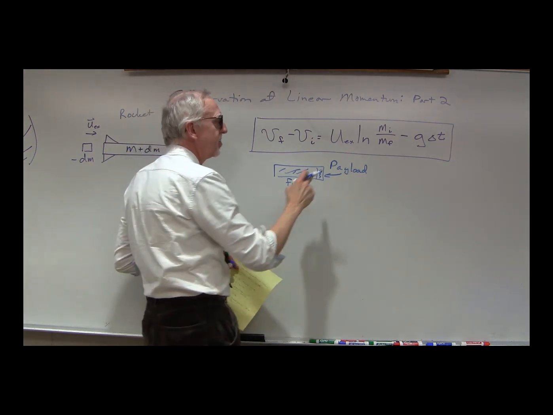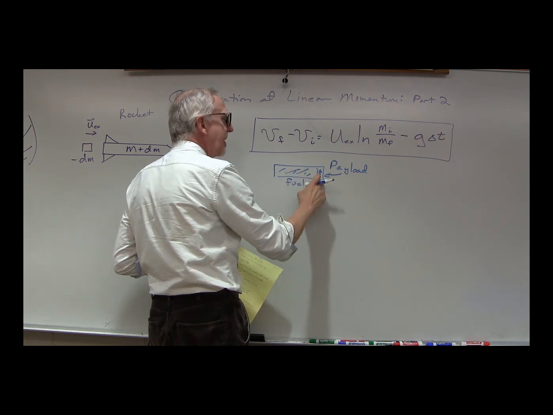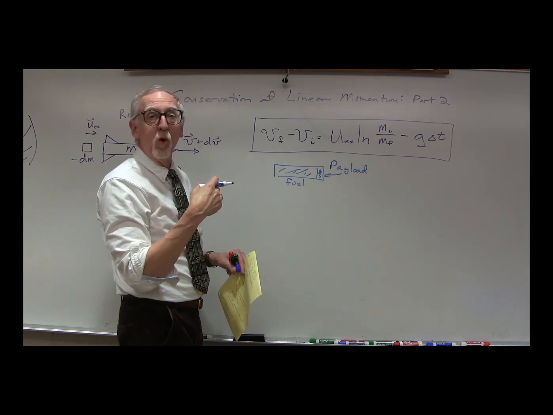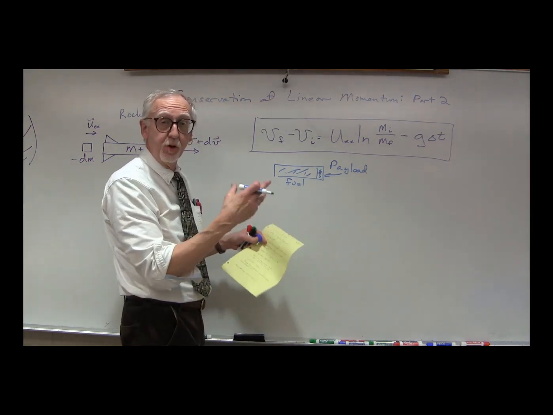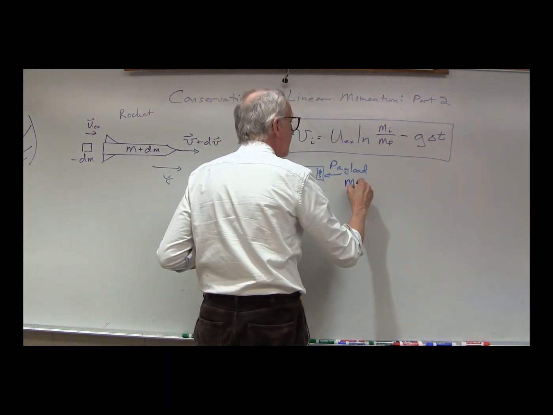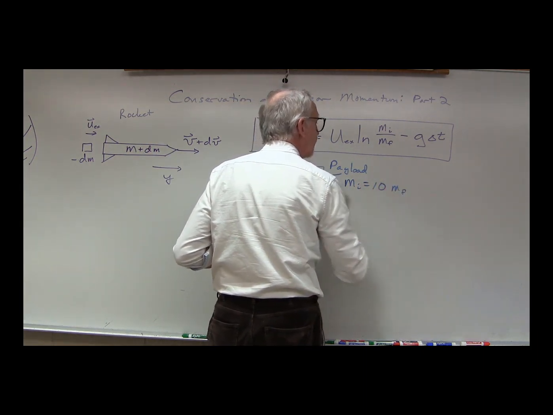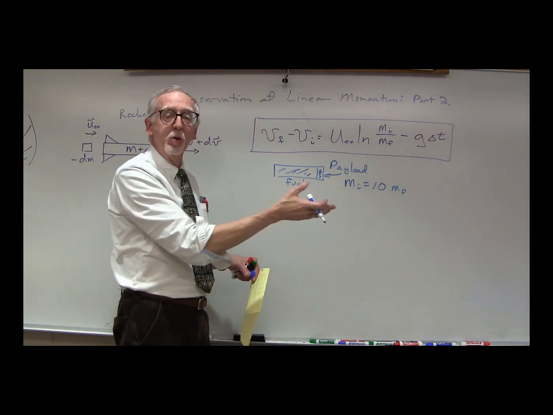And let's imagine that the part of the rocket after all the fuel is burned up is maybe 1/10 of the rocket full of fuel. So the initial mass is 10 times the final mass. So 90% of the mass is fuel that gets burned up.